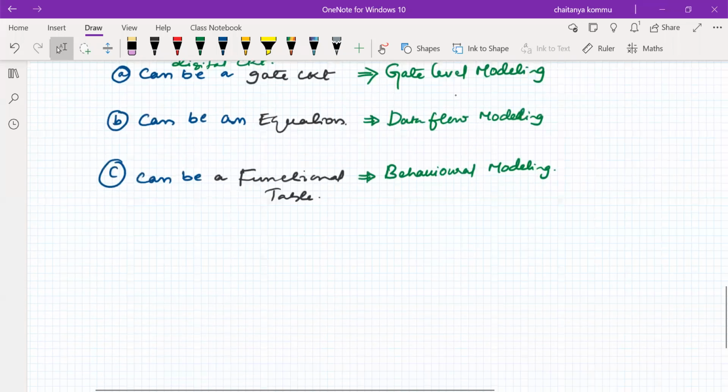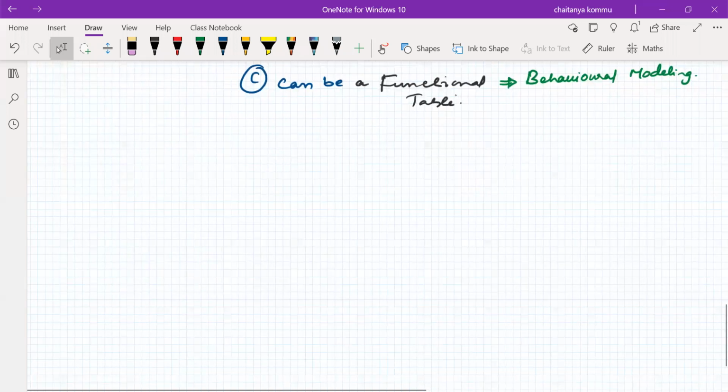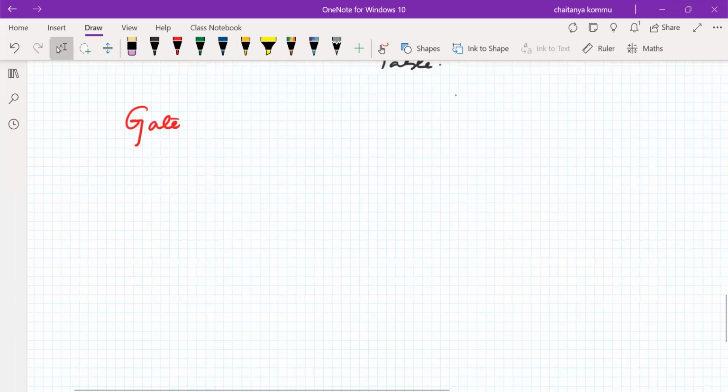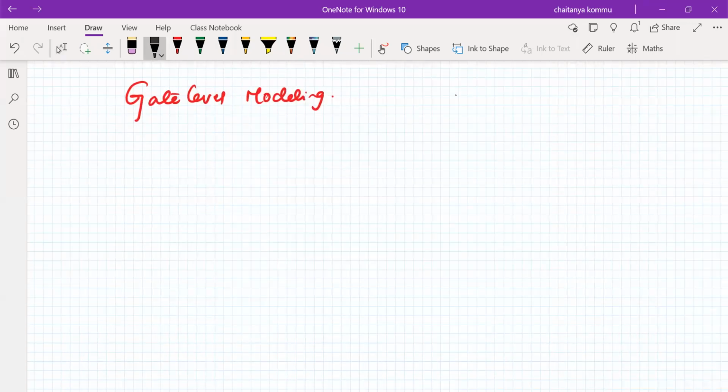Now let us understand gate level modeling in this particular class. Let us write here: gate level modeling. One important essential point is that in gate level modeling, we have to use gate primitive statements.